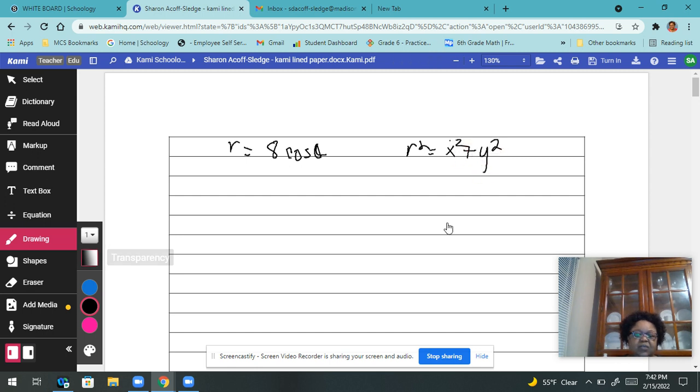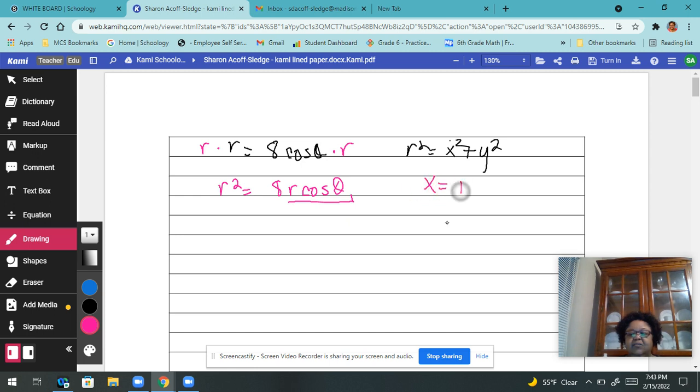So we need to get an r squared. So I'm going to multiply both sides by r. So r squared becomes 8r cosine theta.